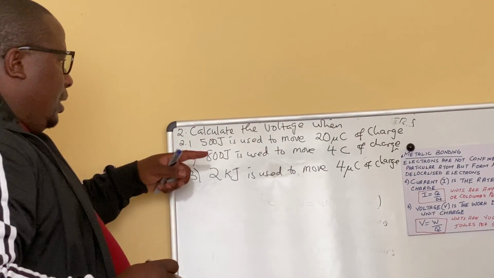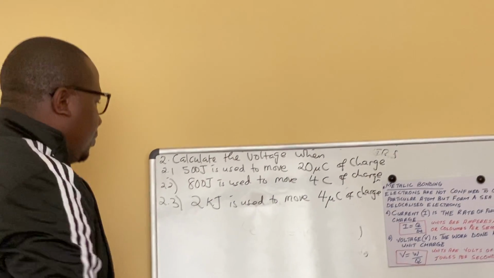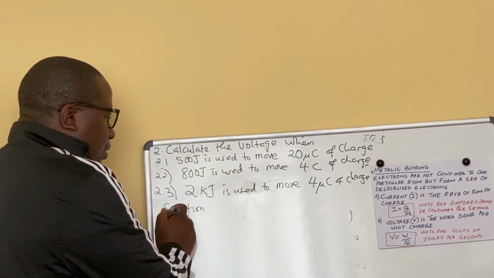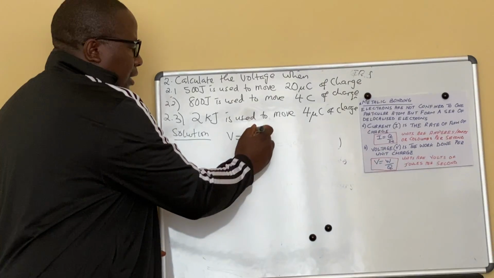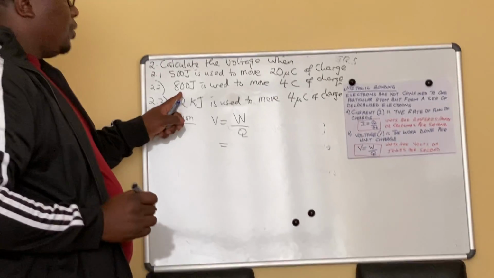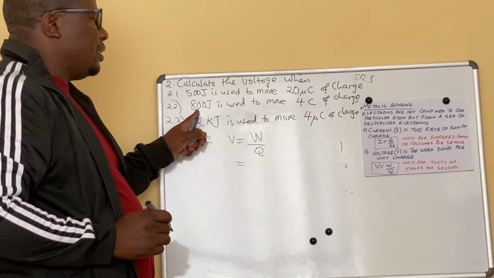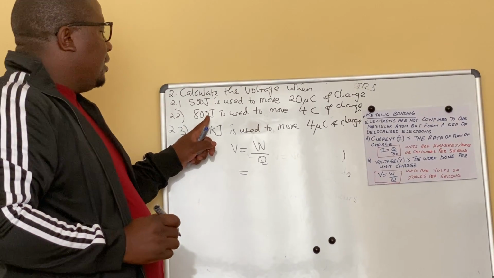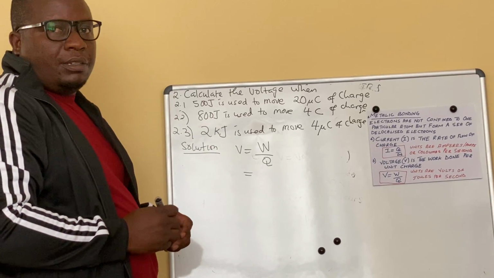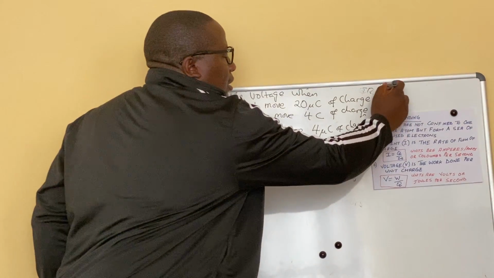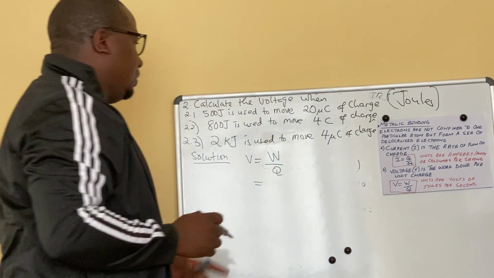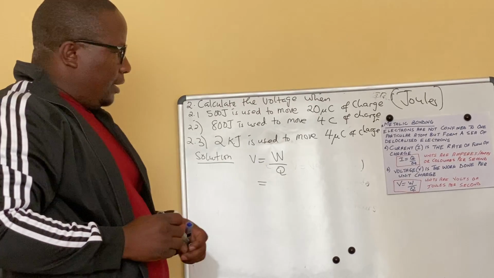So now let's just look at 2.2. Let us do a solution to 2.2, just one of them. So we write the formula V is equal to W over Q. Then W is the work done. So what is the work done in question 2.2? It is 800, and the 800 is joules. So joules is the correct unit. That is the unit for energy, so it must be in joules.